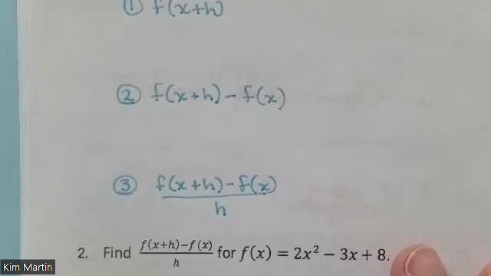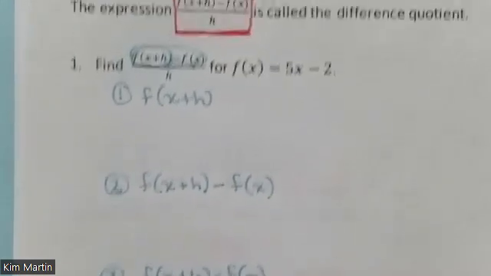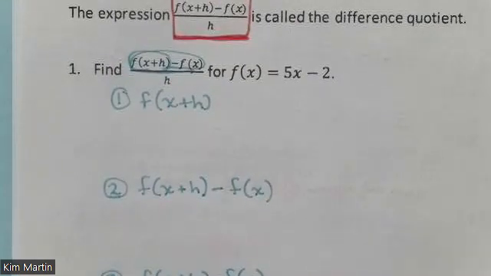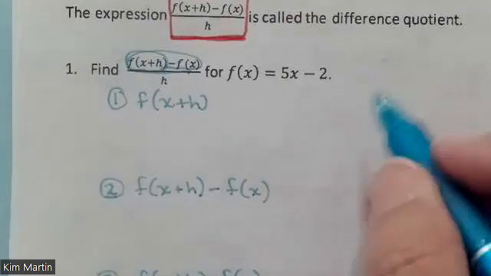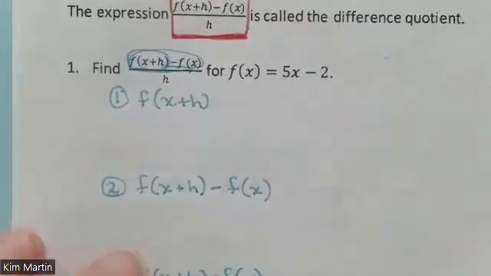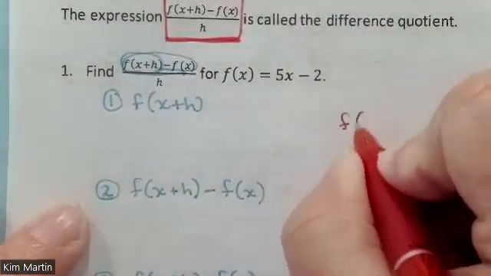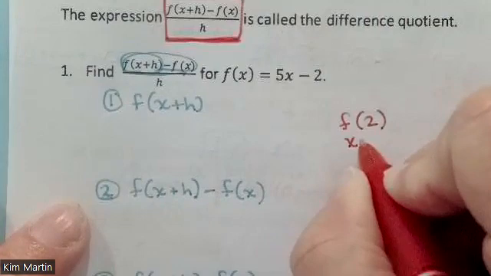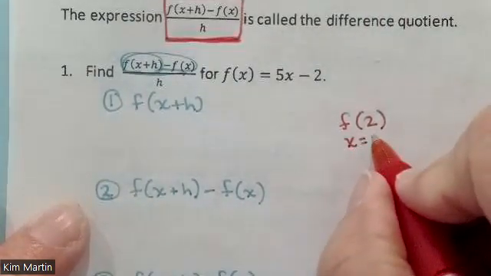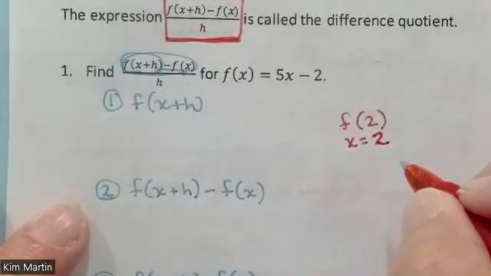But I will tell you, step 1 is easy, but it gives students the hardest time. Now think about this. I'm going to erase this, so don't write this. If I said f of 2, what is x equal to? 2, right?